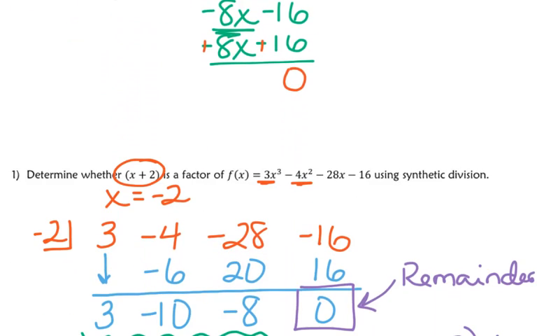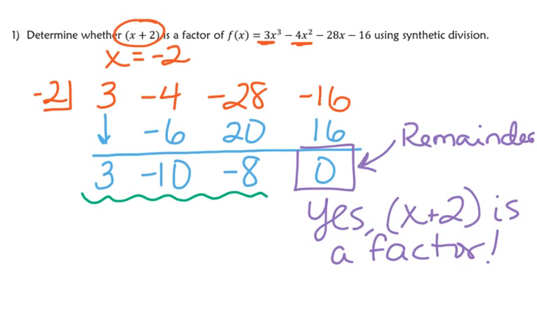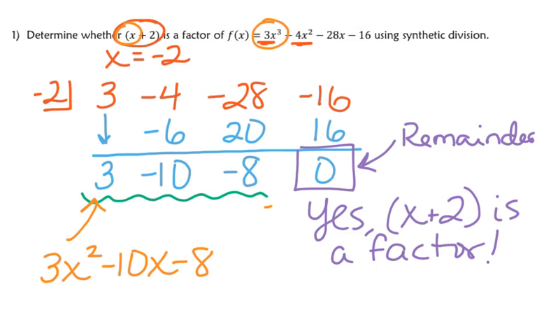So that's what this will tell us, and this would say if we were to take 3x cubed minus 4x squared minus 28x minus 16 and divide it by x plus 2, having an x cubed divided by an x, this number right here would be 3x squared minus 10x minus 8 with a remainder of 0. And then that would be times that x plus 2 if we were trying to break it down.